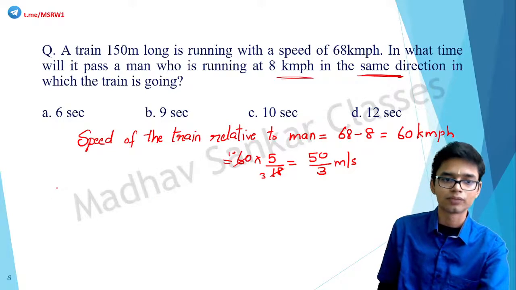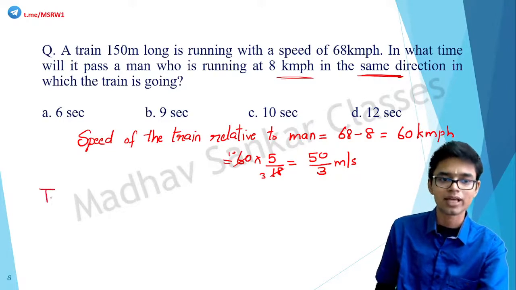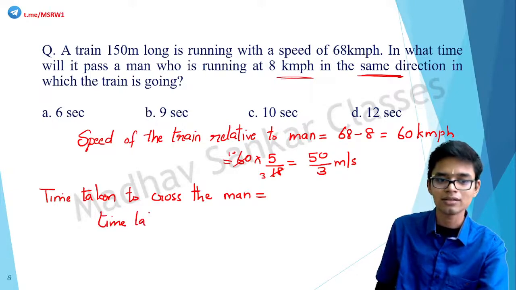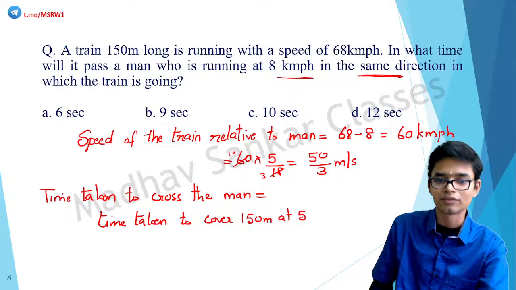Okay, now we have to find the time. Time taken to cross the man is equal to the time taken to cover 150 meters at 50 by 3 meter per second.